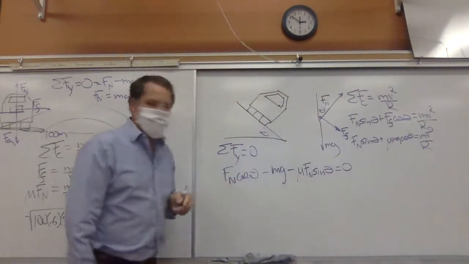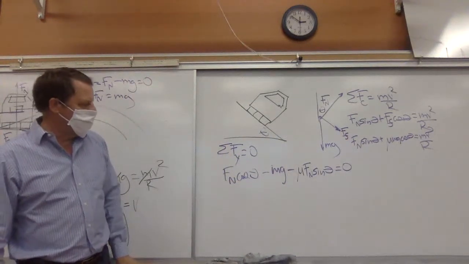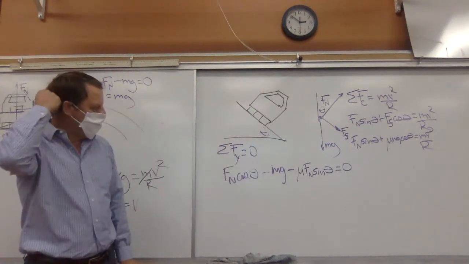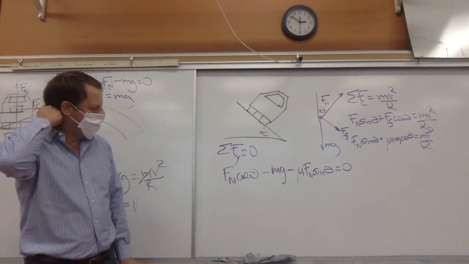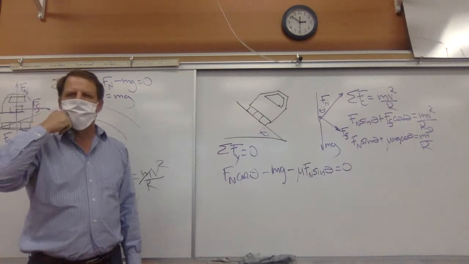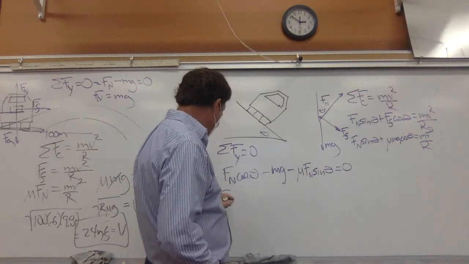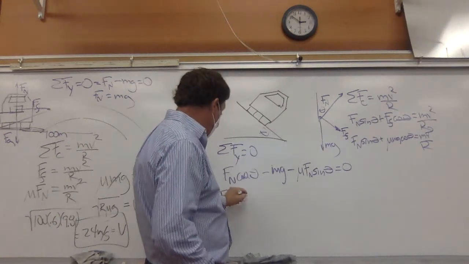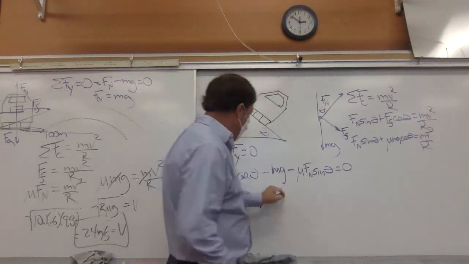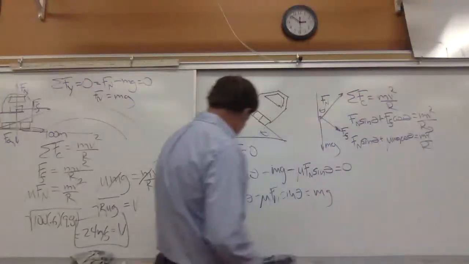And if you remember what we did last time in this similar sort of question, we substituted for the normal force. Well, by substituting for the normal force, this gets a little bit more gnarly. So we can say force normal cosine theta minus mu force normal sine theta is equal to mg.